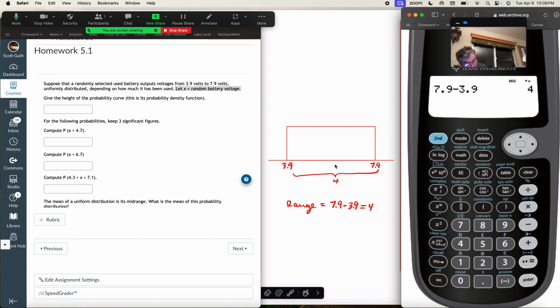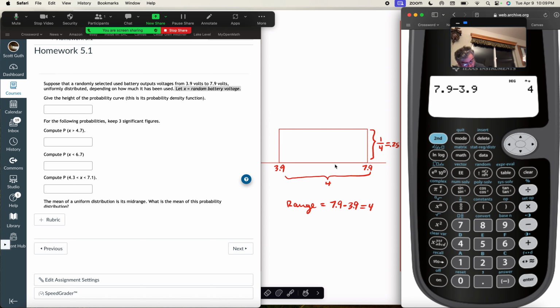vertically. Again, the area has to be 1, so the base times the height has to be 1. 1/4 is 0.25. So the height and the base have to be reciprocals on this rectangle because they have to multiply to give 1.